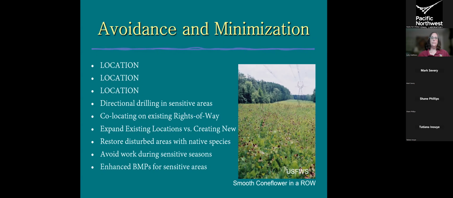So there are a lot of different BMPs that could be employed depending on the area location you are in and the type of activity you're doing. And all those must be considered during the NEPA process.